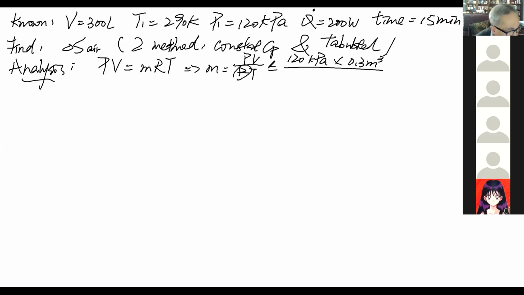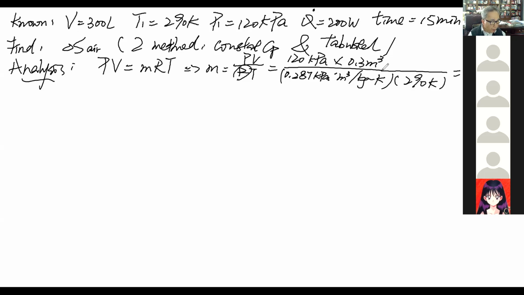For R, we go to the table, I think it's table 8 point something. 287 joules per kilogram Kelvin times 290. Okay. Which I got is 0.433 kilogram.